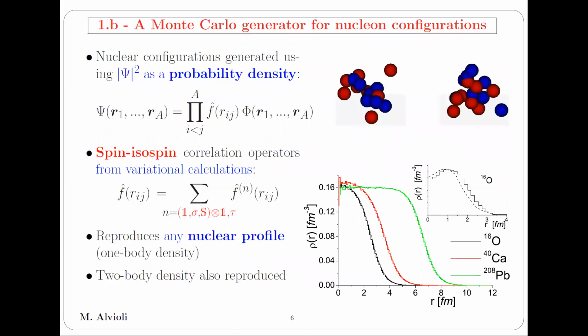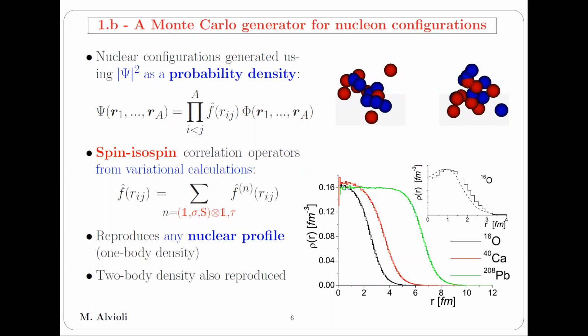I've been working for a long time already on nucleon correlations in nuclei, and we implemented this higher order detail in nuclear configurations. What we do is use the square of the wave function as a probability density to generate nuclear configurations, including correlations. The degrees of freedom of the wave function are the nucleons themselves, and the wave function contains correlation functions.